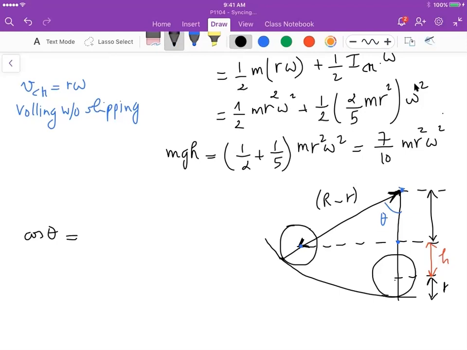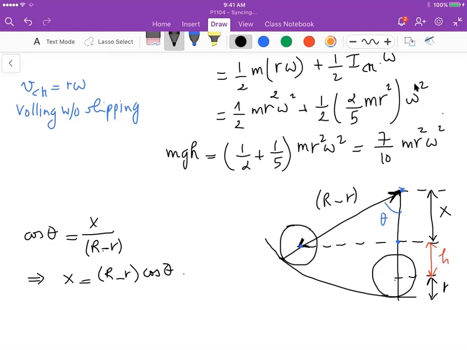I will call it x for the moment. So cosine theta is equal to the adjacent x divided by the hypotenuse, which is R minus r. So from here we can deduce that x is equal to R minus r multiplied by cosine theta.